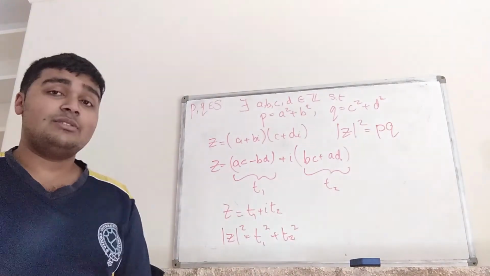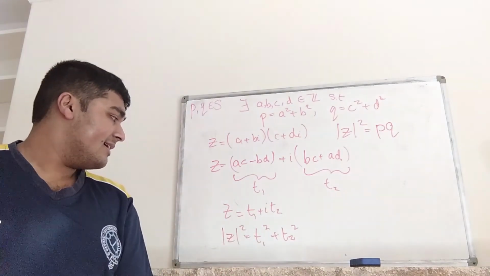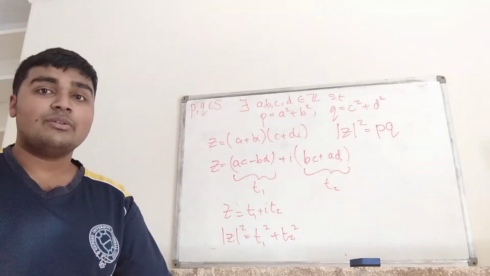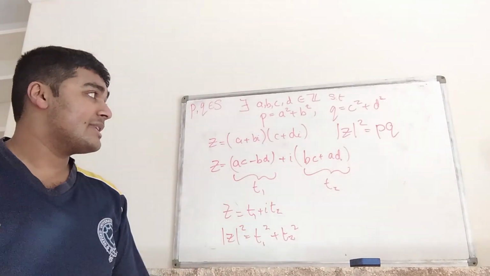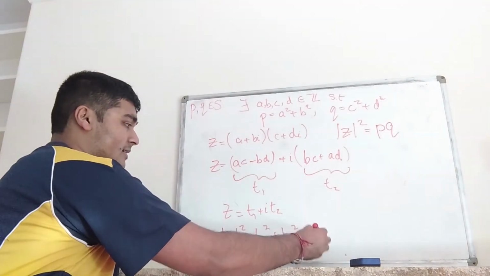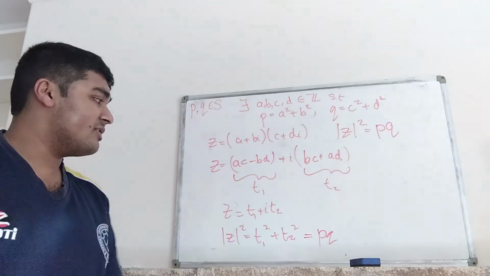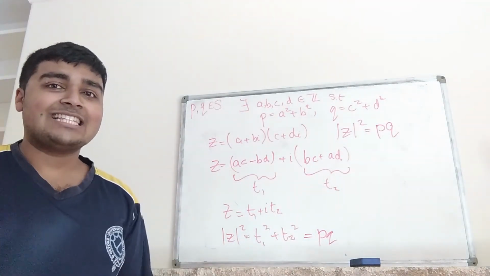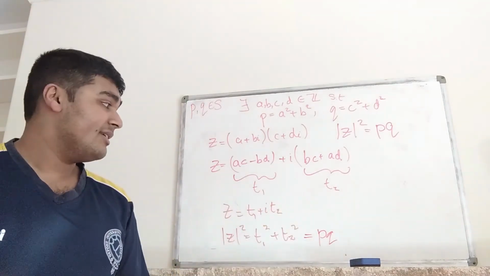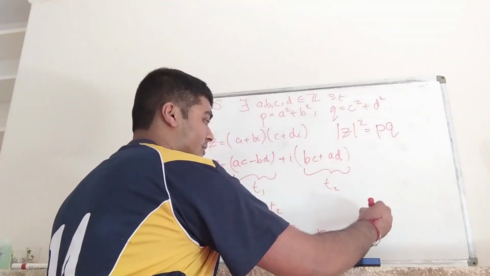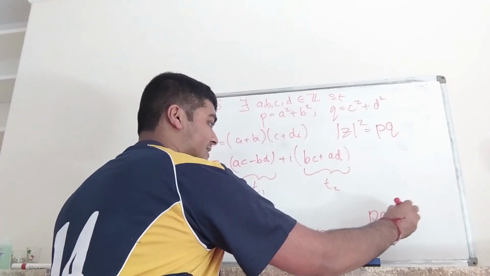And remember, T1 and T2 are integers, so this is the sum of two square numbers. But remember earlier we showed that the magnitude of Z squared was equal to PQ. So in other words, we've shown that PQ can be expressed as the sum of two square numbers, namely T1 and T2, and thus it follows that PQ is an element of S.